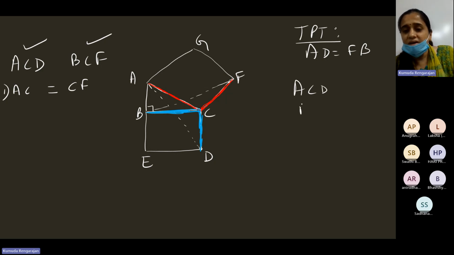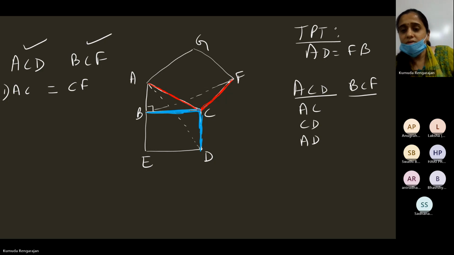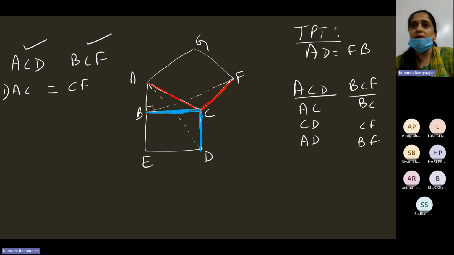AC, CD, AD. Which are the sides of BCF? BC, CF, BF. All right. Now we have written what? AC is equal to CF. This AC of triangle ACD is equal to CF of triangle BCF.